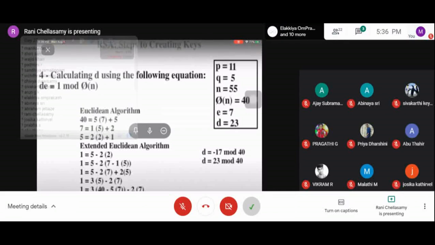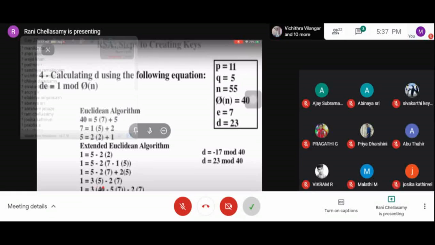Expand this: 2 into 7 plus, minus into minus gives plus 2 into 5. So you have 1 of 5 minus 2 of 7 plus 2 of 5. Add this 1 of 5 plus 2 of 5, and you get 3 of 5 minus 2 of 7.